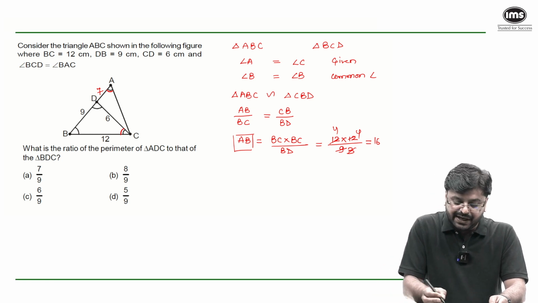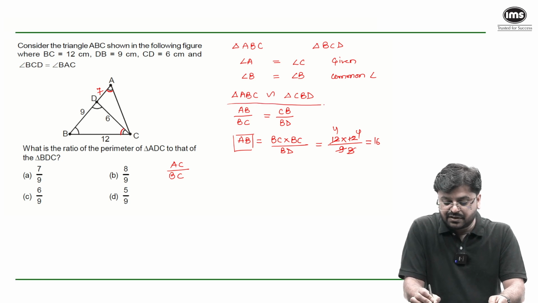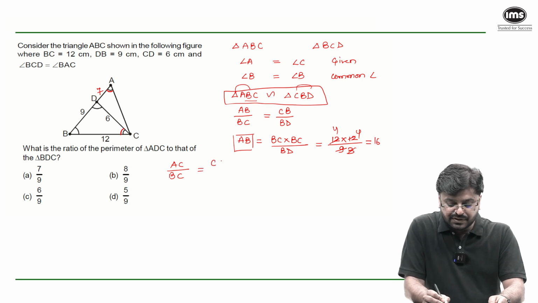Now we can take AC upon BC. Again, we're taking from here. AC upon BC is equal to CD upon BD, which means AC equal to CD into BC upon BD.